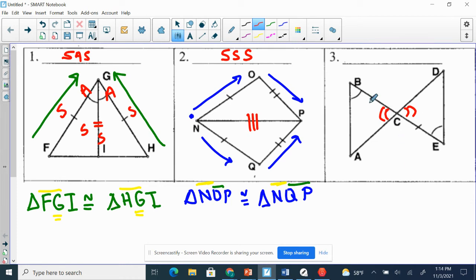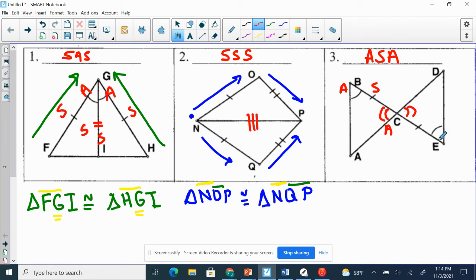So to write our congruency statement, we have an angle, side, angle, and then angle, side, angle between these two triangles. So it's going to be angle, side, angle. And I just pick a corner and start going in a direction, usually the end of where the markings are. In this case, this will just happen to be the upper left corner. From angle, side, angle, because these are vertical angles, we know they're congruent.